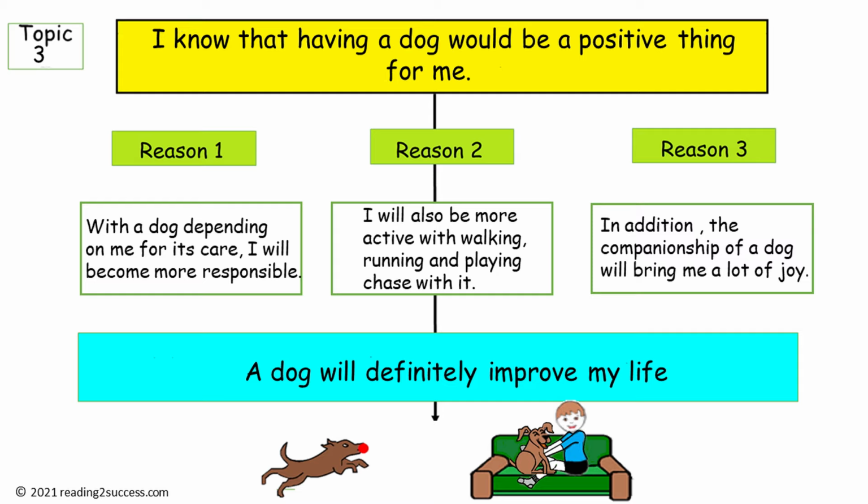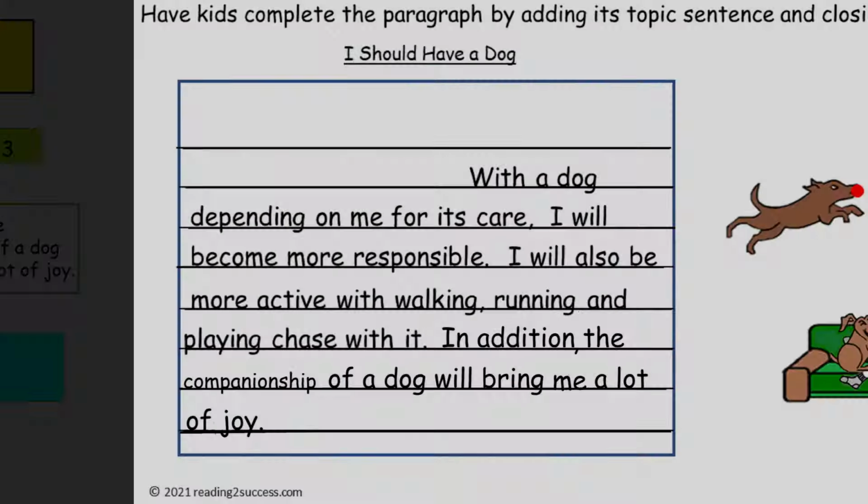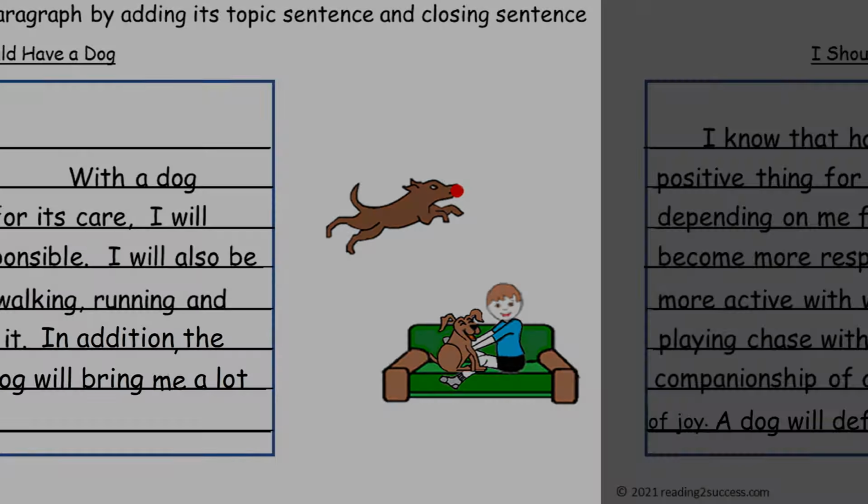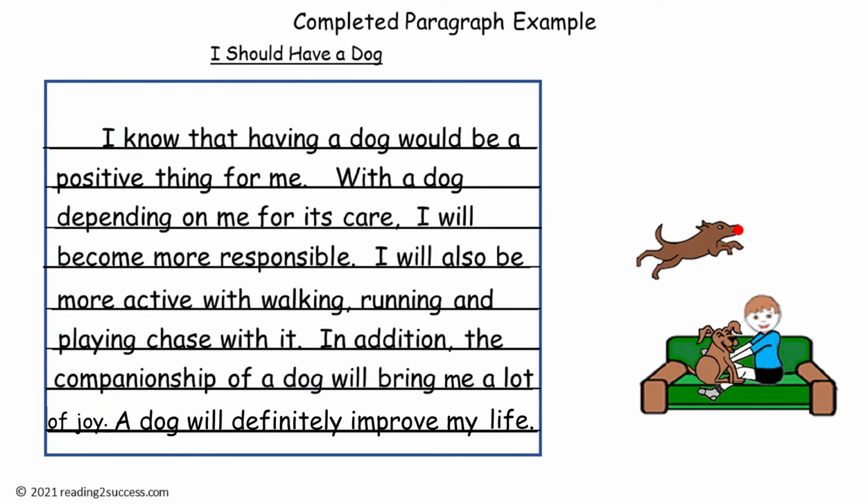And the closing statement, a dog will definitely improve my life. Using this template and referring back to the graphic organizer, have kids complete the paragraph by adding the topic sentence and the closing sentence. This is a completed example.